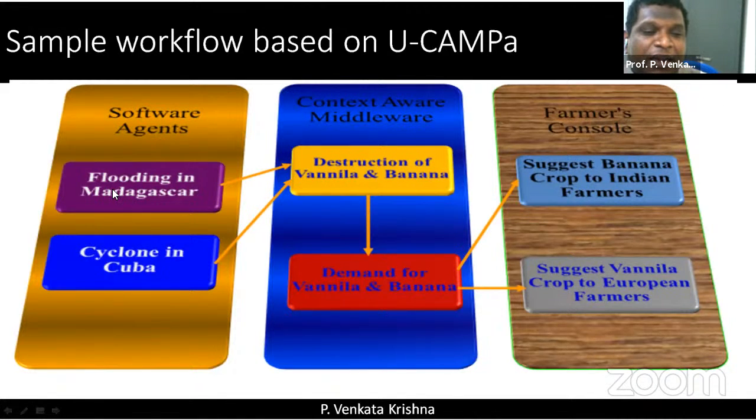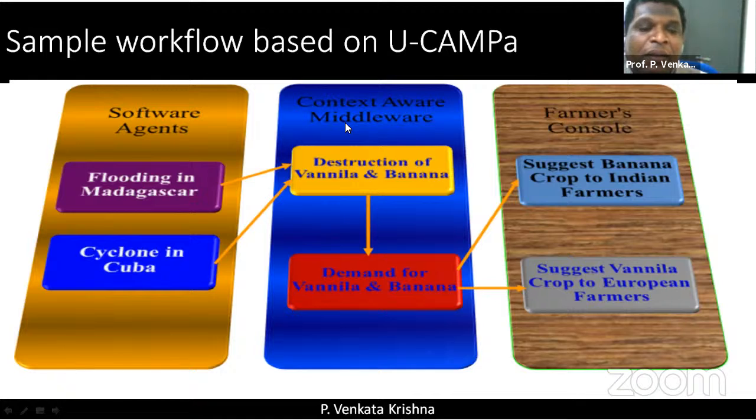The agents fetch some information, which is flooding in Madagascar and cyclone in Cuba. These are the two important pieces of information that come through the software agents.